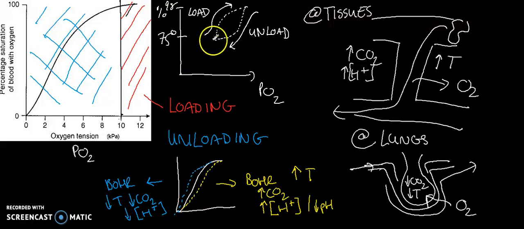So why not just skip the middleman completely and think of it like this? You've got a curve that you experience when you're unloading oxygen, and this is what you find in the tissues. And a curve that you experience where you're loading oxygen in the lungs.